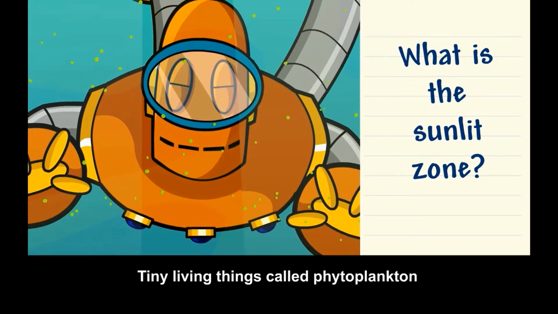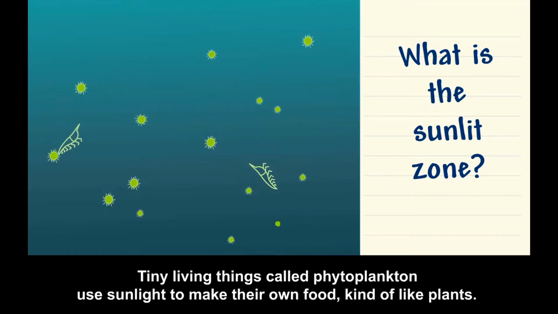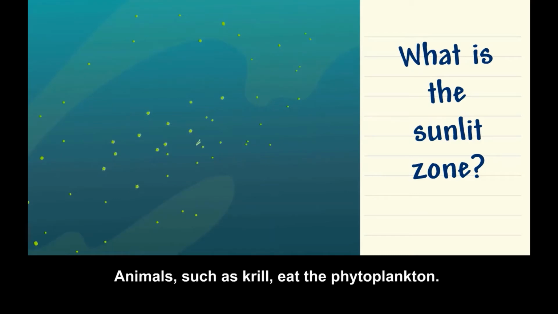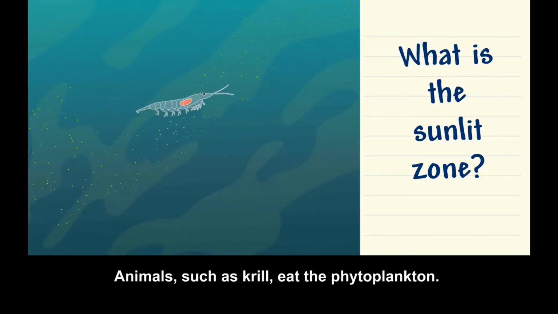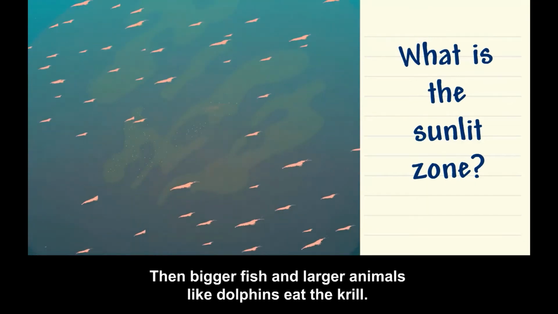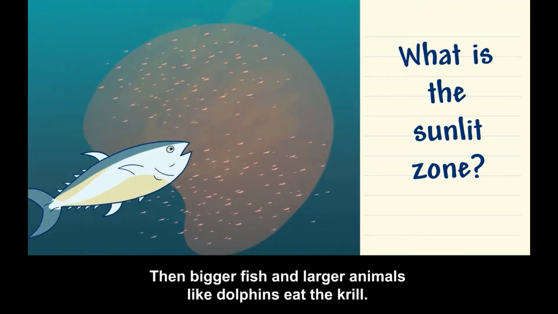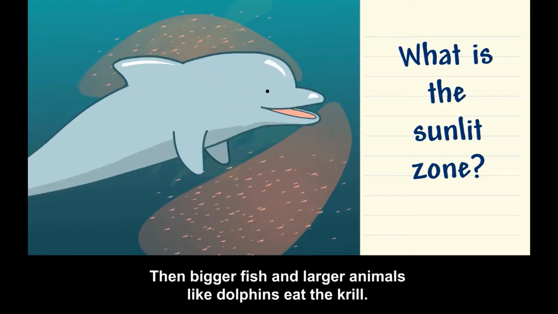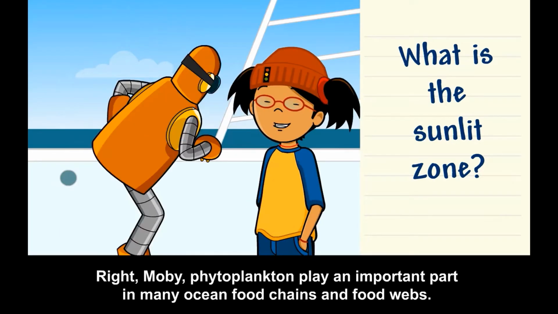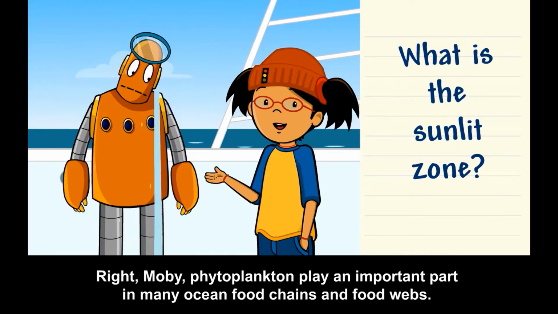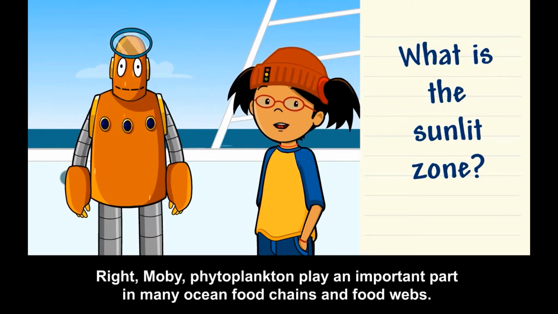Tiny living things called phytoplankton use sunlight to make their own food, kind of like plants. Animals, such as krill, eat the phytoplankton. Then bigger fish and larger animals like dolphins eat the krill. Right, Moby. Phytoplankton play an important part in many ocean food chains and food webs.